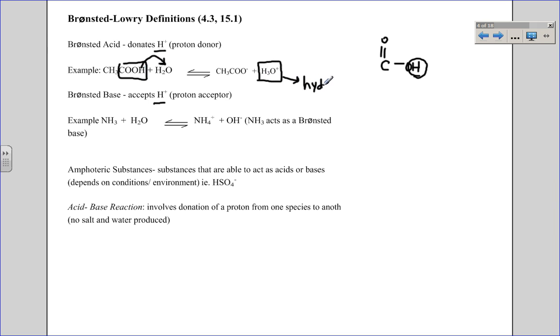And the hydronium ion, as we previously discussed, is really the equivalent of H+, and will be responsible for allowing acetic acid to have the properties of an acid. Now we'll look a little bit further into how to write these reactions later on in the lesson.